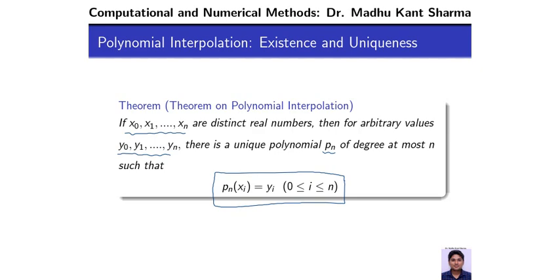Okay, right. So we have been given already an existence of such a polynomial of degree at most n in Newton's form. Now the next is uniqueness.